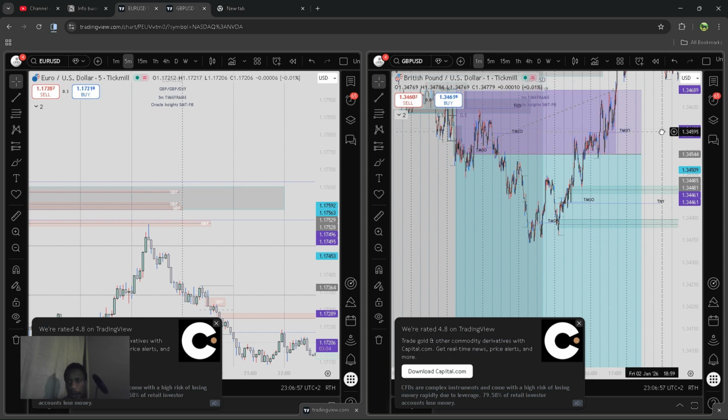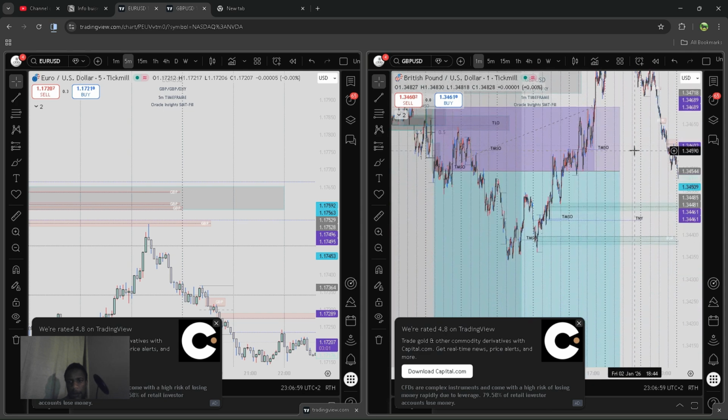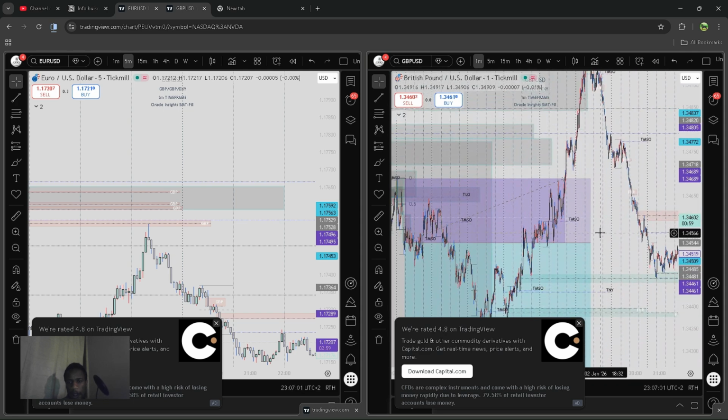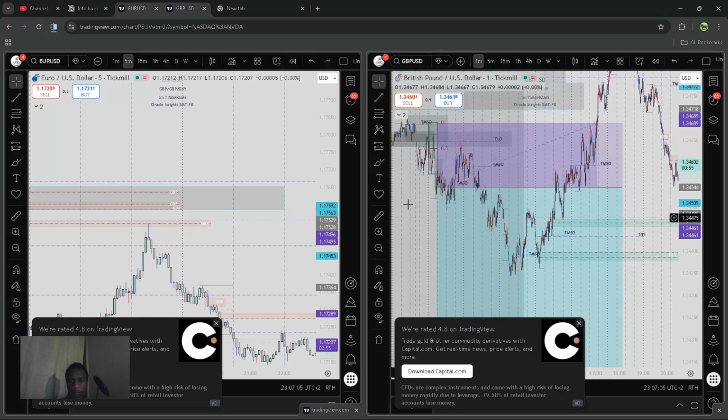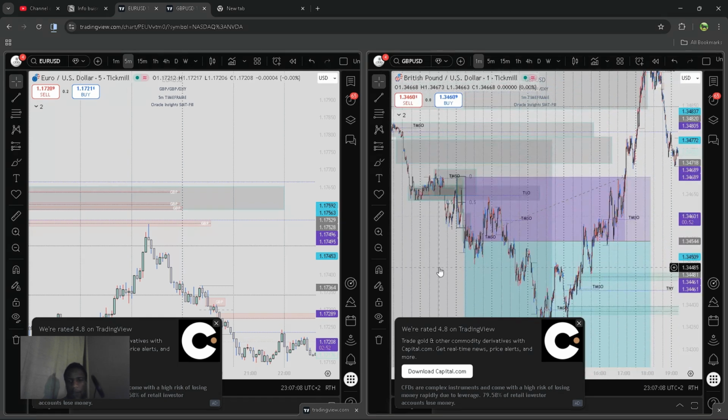As you can see, price then rallied higher. I could have been stopped out if I did actually enter this trade. So obviously I have to refine it some more. I have to find daily bias more, higher time frame bias more, and understand it a bit.